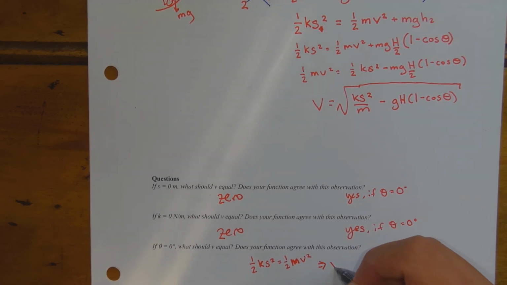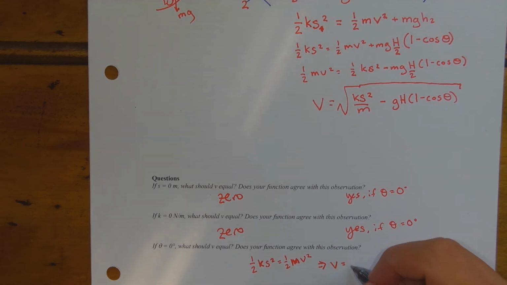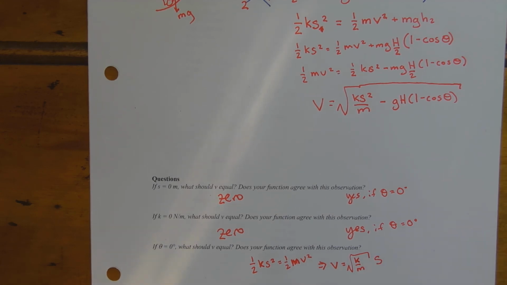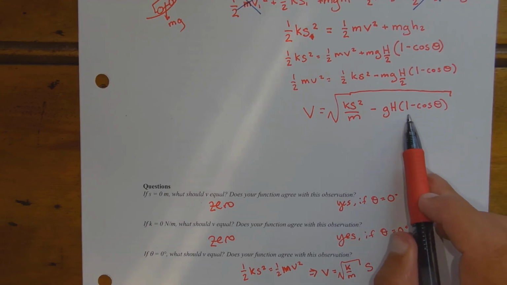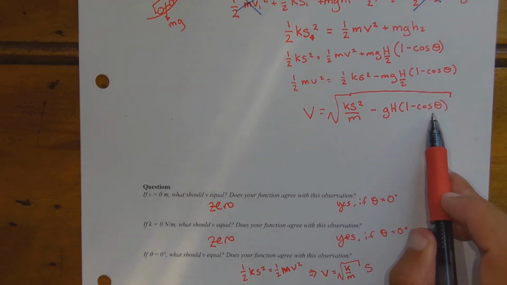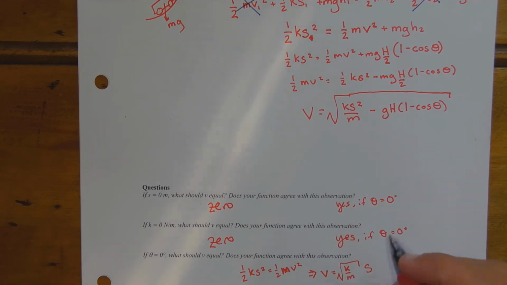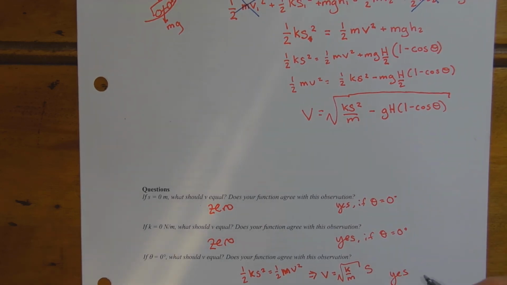That would give us v is equal to the square root of k over m times s squared, or you could say k over m square root times s. Does our function agree? It should. If theta is equal to 0, we have 1 minus 1, and so that just gives us what we had there. So yes, it agrees.